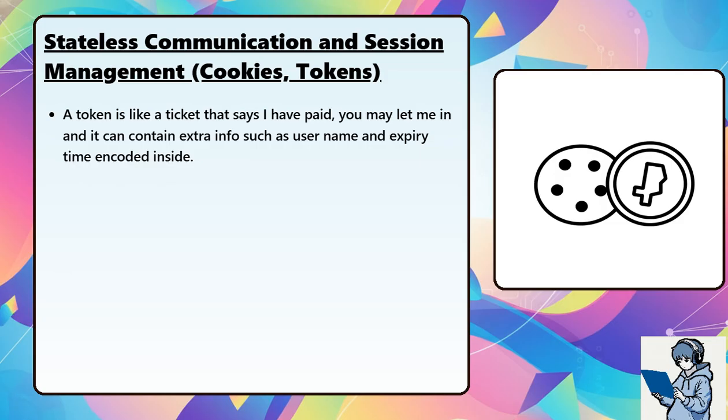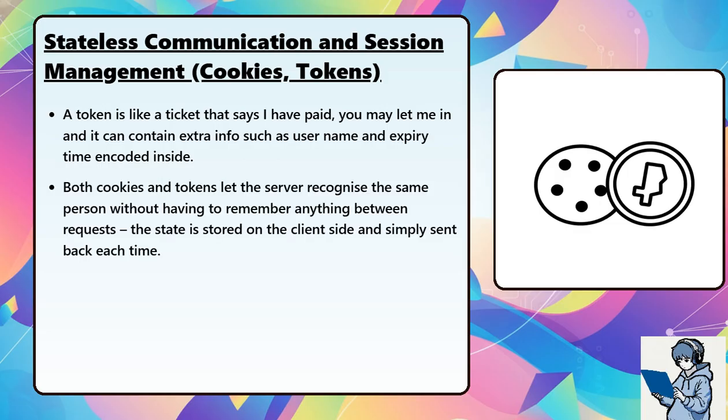A token is like a ticket that says "I have paid, you may let me in," and it can contain extra info such as username and expiry time encoded inside. Both cookies and tokens let the server recognize the same person without having to remember anything between requests. The state is stored on the client side and simply sent back each time.